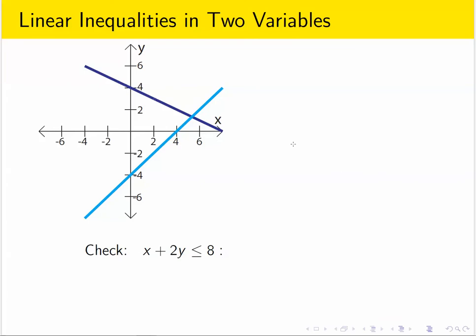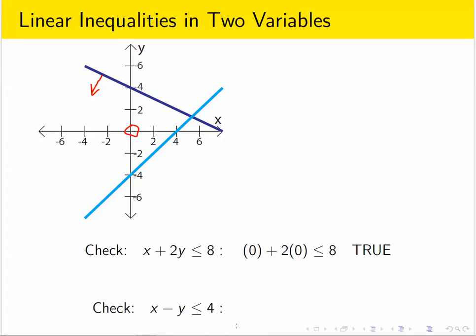That's in this picture, the dark blue line right here. I'm checking the origin again, and I'm seeing that that's true, that when I plug the origin in, I satisfy the inequality. So I want to shade everything that's on the same side of the dark blue line that the origin is. So that'll be everything below the dark blue line.